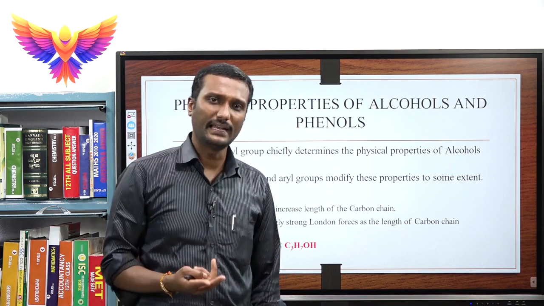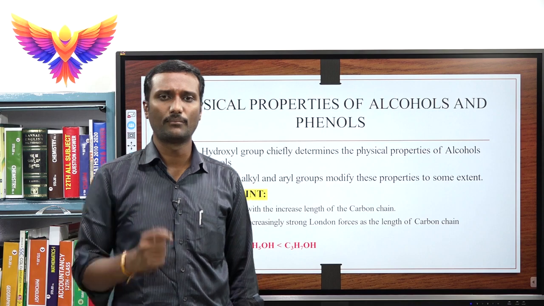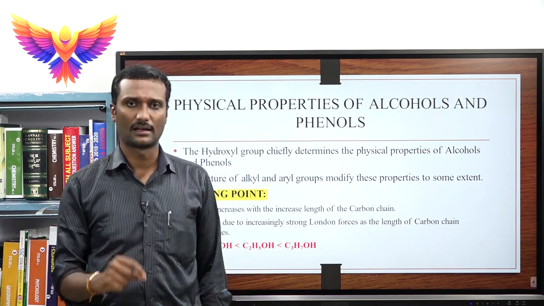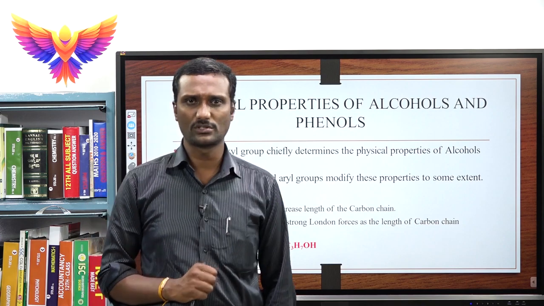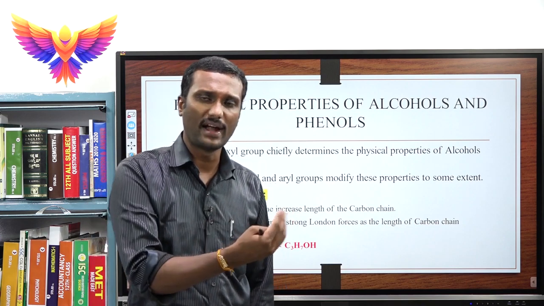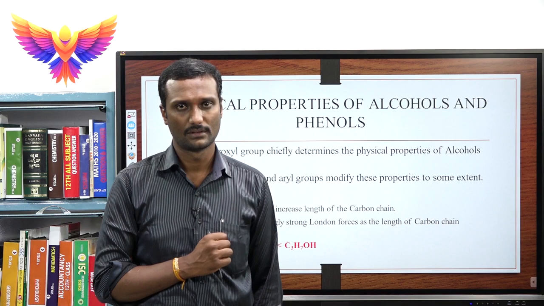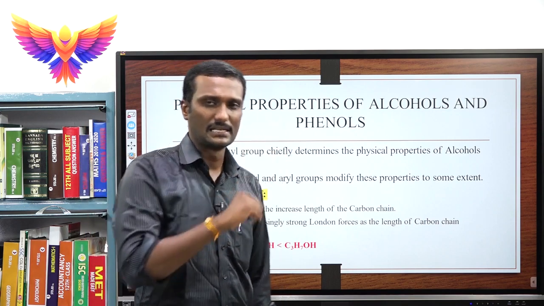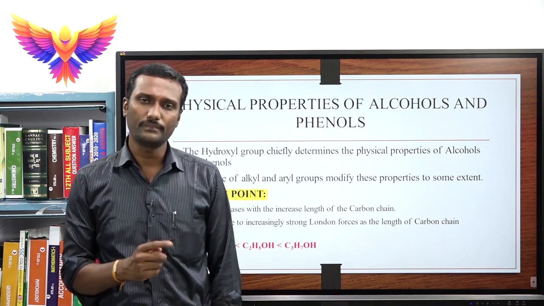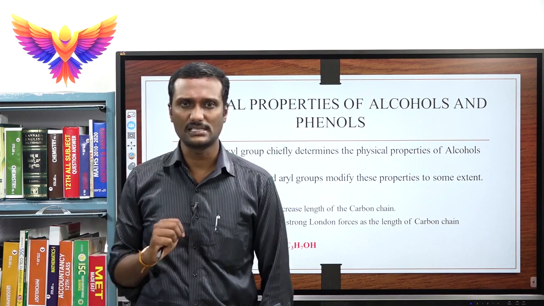You can write it in any way why alcohol has a higher boiling point than ether or hydrocarbon: because of the formation of hydrogen bonds or because of the greater van der Waals force. So as the carbon chain increases within alcohol, the boiling point also increases.